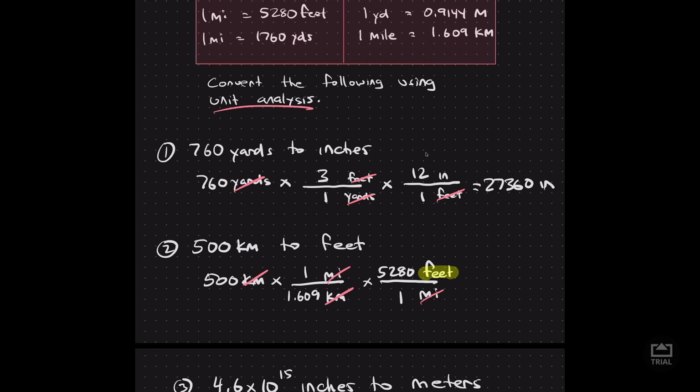So now I just need to multiply this through. So 500 times 1, which I don't do, so it's basically 500 times 5280 and divided by 1.609, and we end up with 164,077.0, and the answer would be feet.